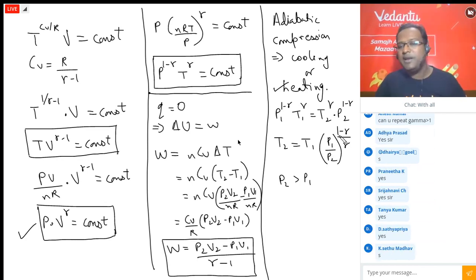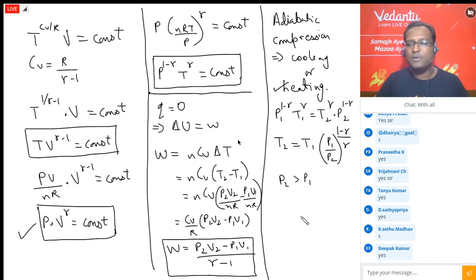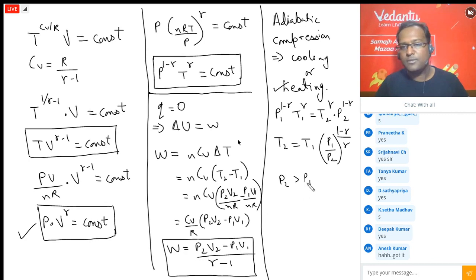No, I cannot repeat all that because I've covered all that in the previous class. That gamma is 5 by 3, 7 by 5. How many times do I keep repeating the same thing? We also have to move ahead, why should I teach everything twice? Someone is asking why P2 is greater than P1. Brother, compression is happening. If it is compression, P2 will definitely be greater than P1, isn't it? I will not be mentioning or clearing such obvious points. Grow up, pay attention.